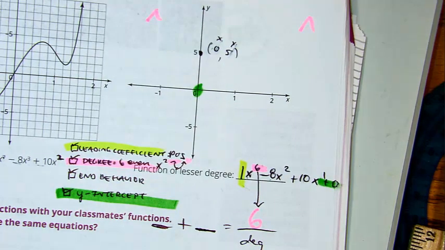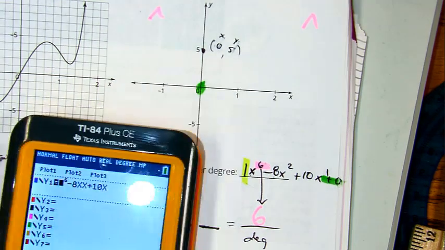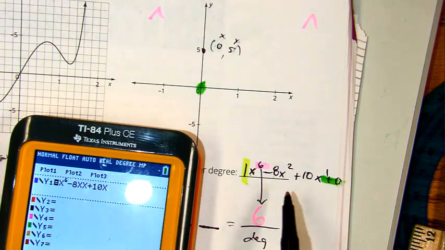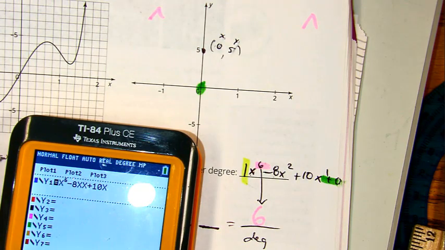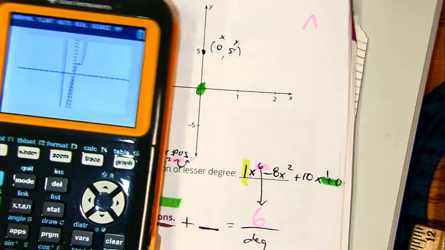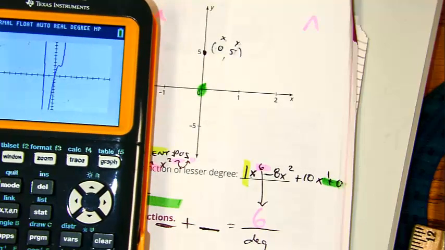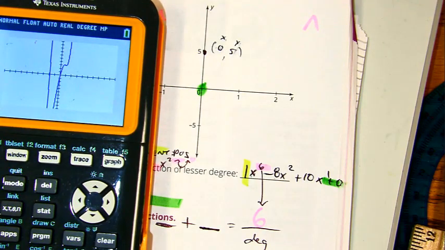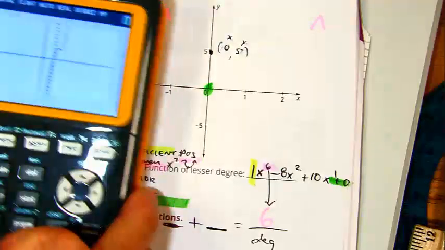Let's take a look at a sketch. I have x to the 6 minus 8x squared plus 10x. And this is what my graph looks like. Let's sketch it together. It goes through -2.